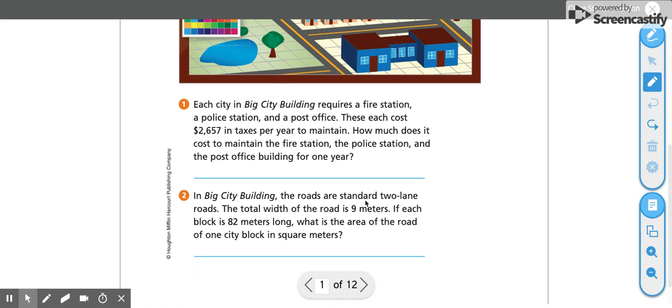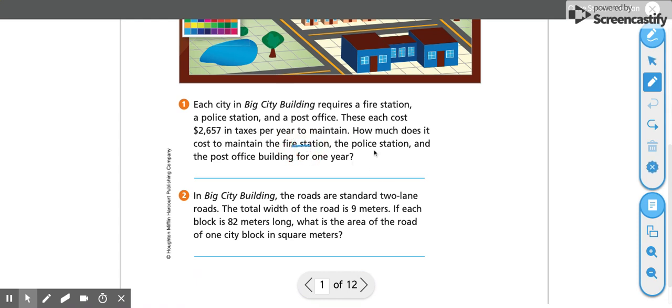So the first question says, each city in Big City Building requires a fire station, a police station, and a post office. These each cost $2,657 in taxes per year to maintain. How much does it cost to maintain the fire station, the police station, and the post office building for 1 year? So first I'm going to count how many places we're talking about.